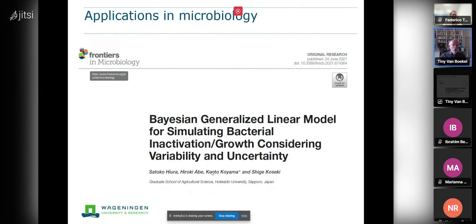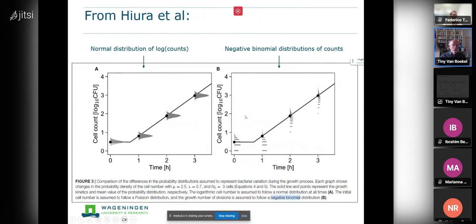Now, as I said, I see more and more papers using this approach. So this one is from Hiura et al., I think from 2019, where they use this generalized linear model. And this is one of their figures in that paper.